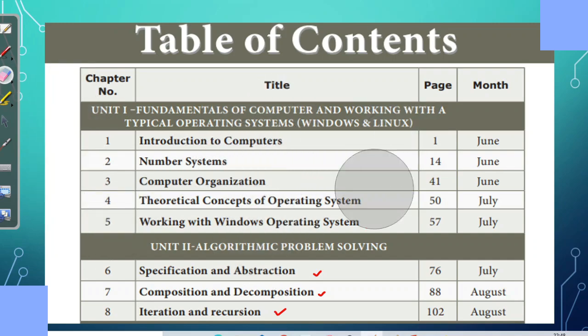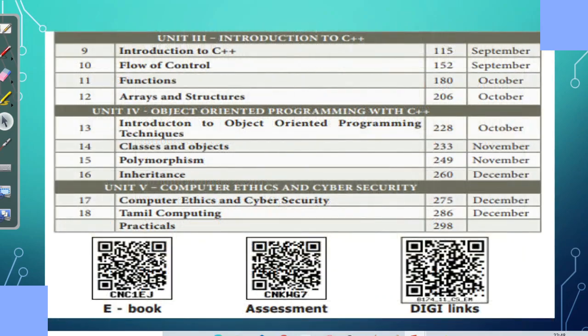Now moving to unit 3, you are going to study the introduction to C++ programming. C++ is one of the front-end application tools of programming. Front-end and back-end are the two ends of program designing.